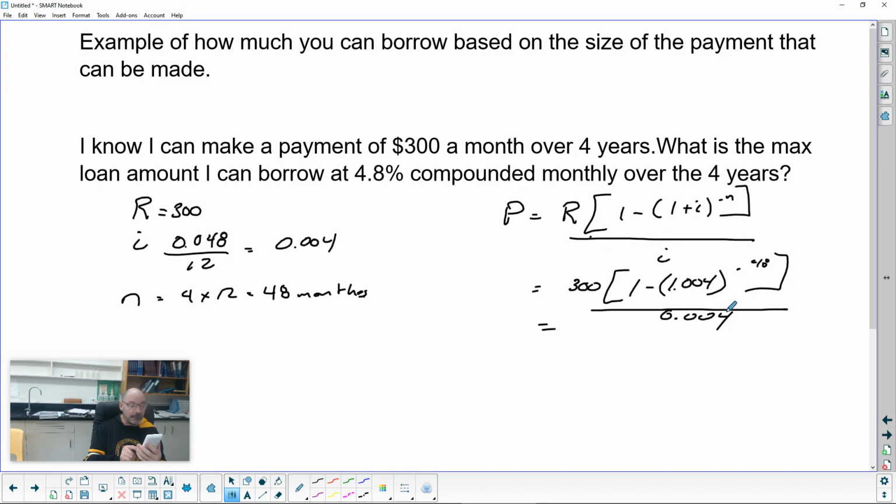Okay, I get $13,078 and 27 cents. So that's the maximum amount of money I can borrow at that particular rate.